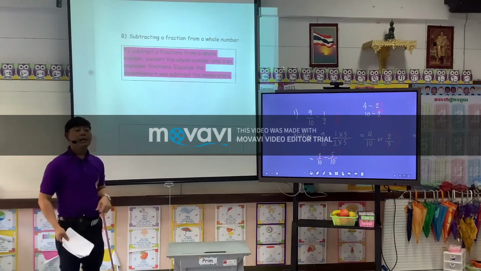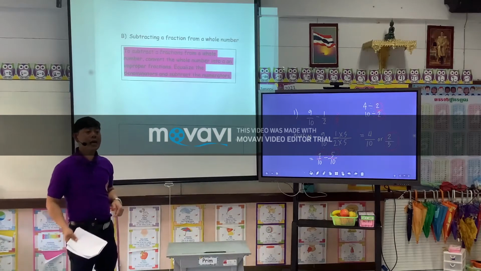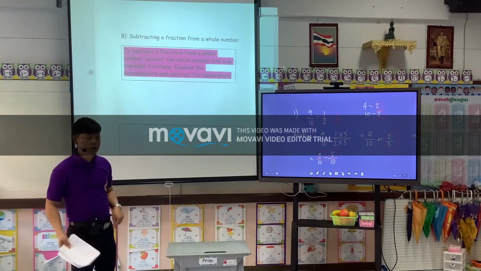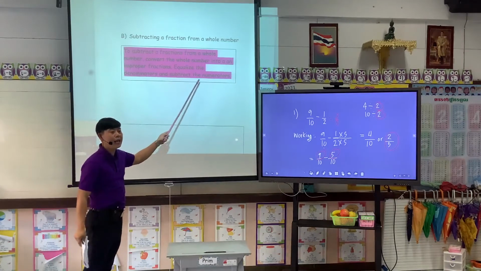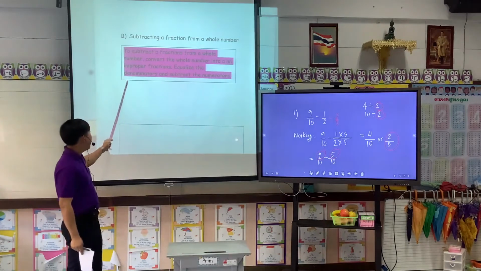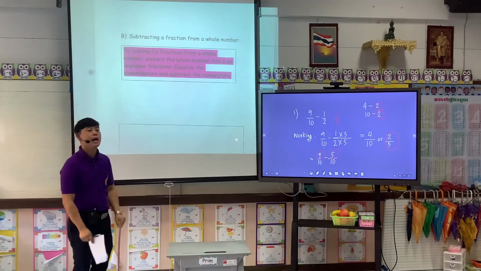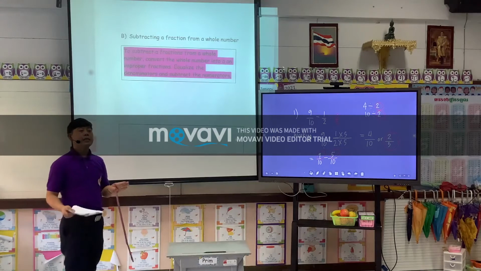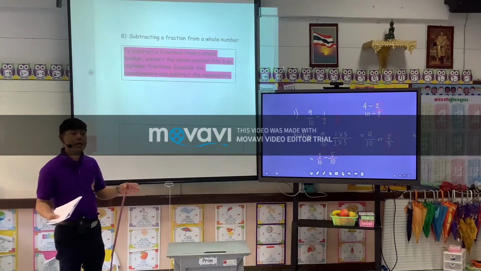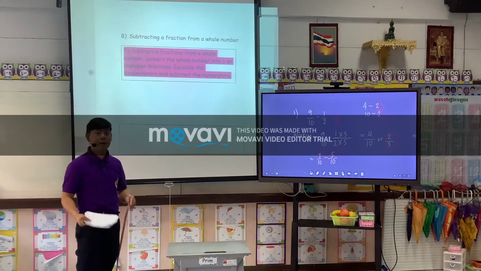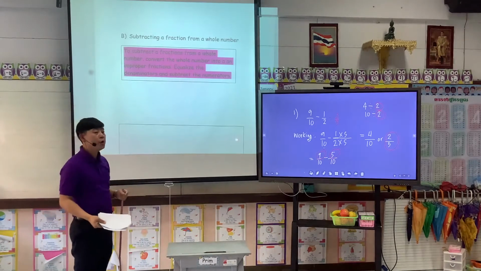It means the numerator is greater than the denominator. Then we equalize the denominators and subtract the numerators. In an easy way, convert the whole number into an improper fraction first, and after that subtract the numerators.